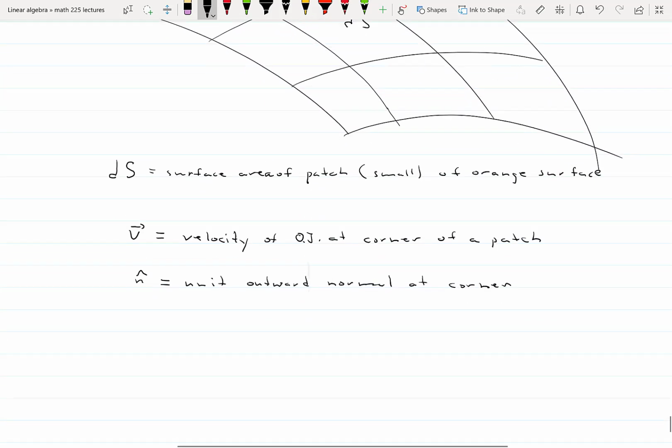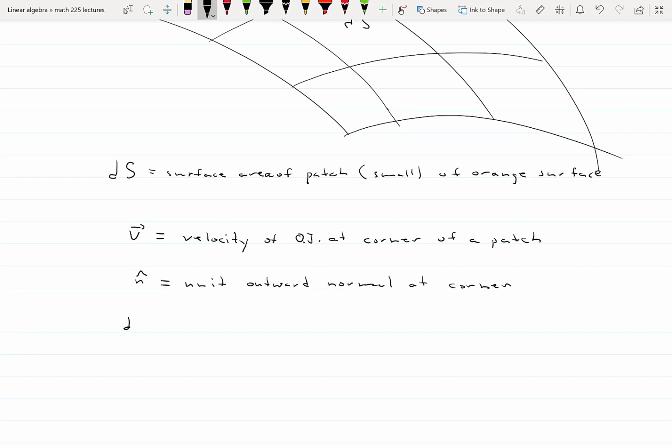Okay, I want to define dV sub patch as the amount of orange juice leaving that entire patch in a very small time, dt.